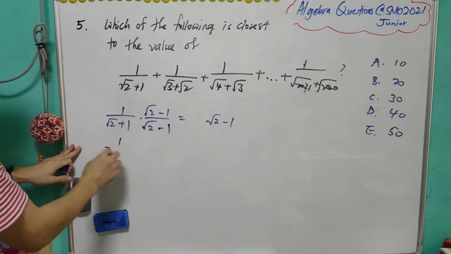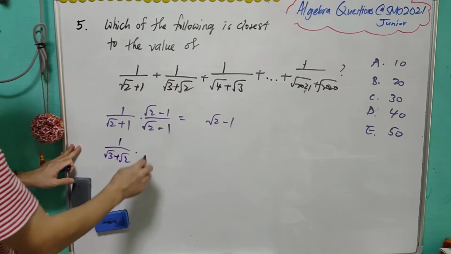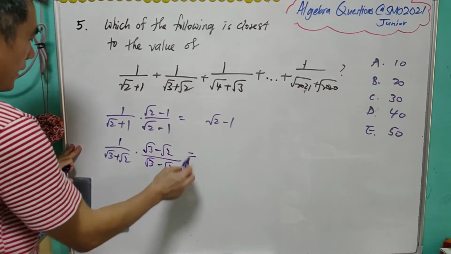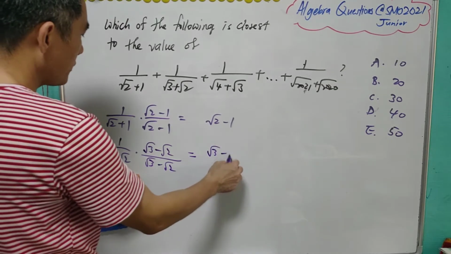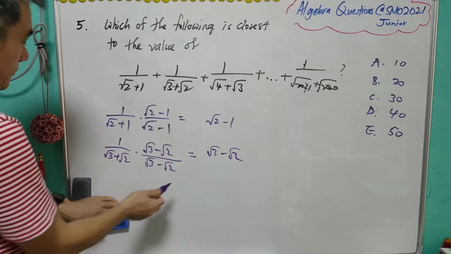And for the second one, it is square root 3 plus square root 2. Multiply with the conjugate, square root 3 minus square root 2 over square root 3 minus square root 2, and that will be equal to square root 3 minus square root 2. Again, the denominator is equal to 1.